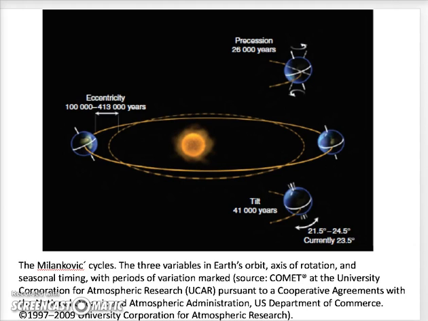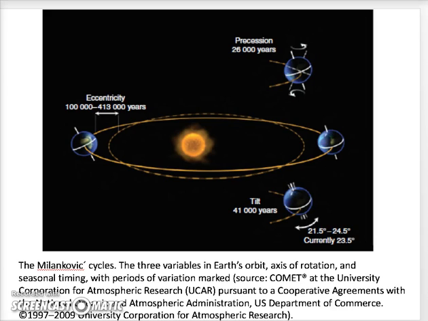The history of the Quaternary is intimately connected with variations in the Earth's orbit about the Sun, the axial tilt of the Earth, and the position of the Earth at the spring equinox.